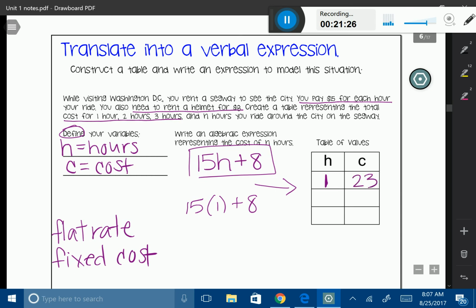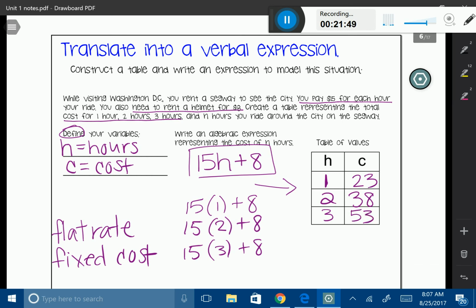That seems reasonable. I'm going to substitute a 2 in for my hours. So if I spend 2 hours on my Segway, it's going to cost me $38. And if I ride it for 3 hours, it's going to cost me $53. You can see the more time that you're on the Segway, the more it costs you.